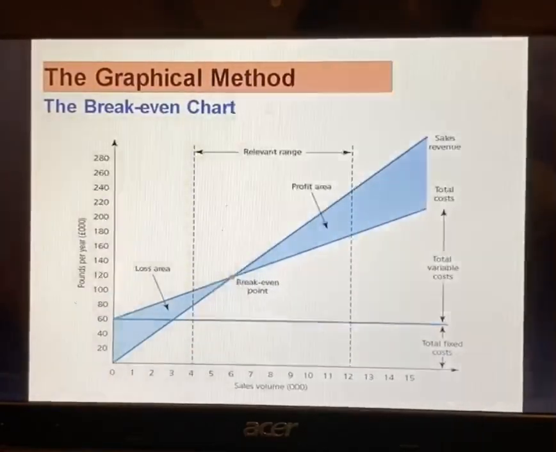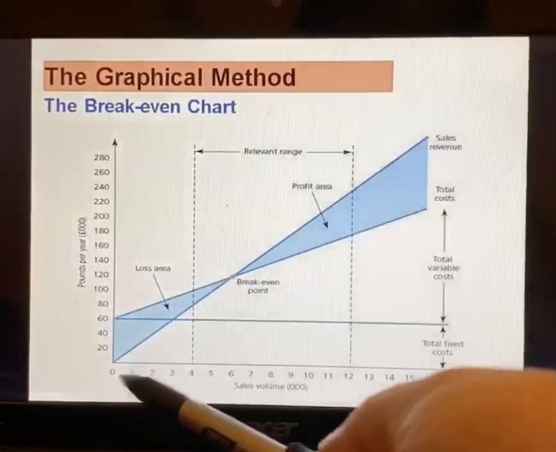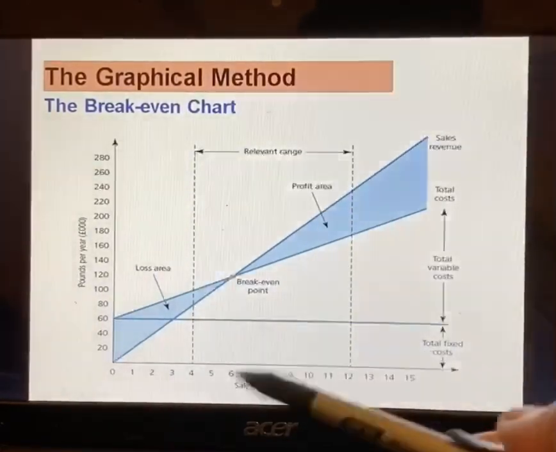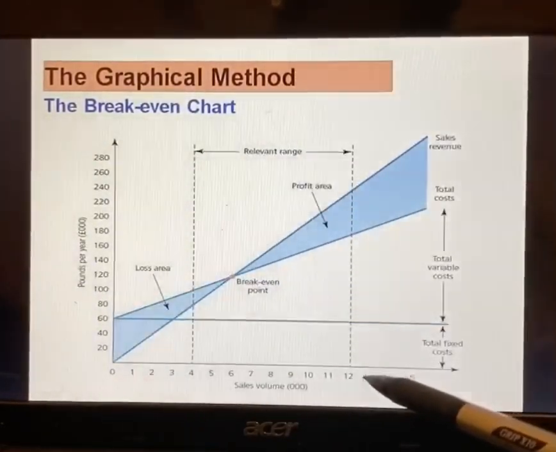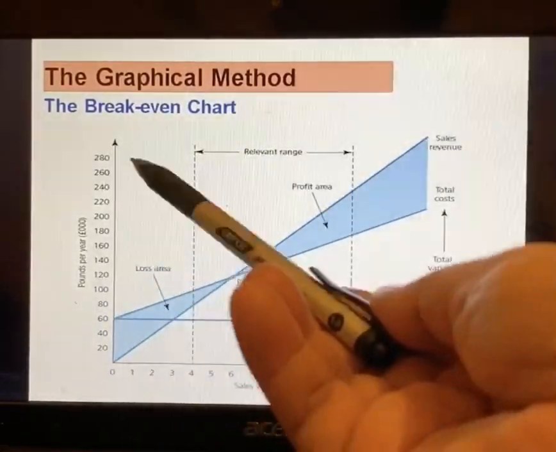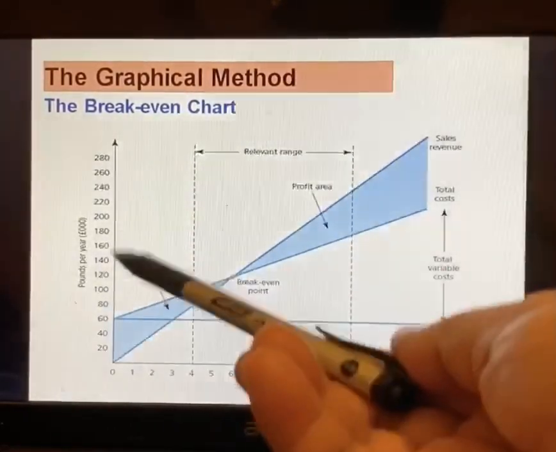So let's see the break-even chart. If you look at this graph, it is customary to use the horizontal axis for the unit output, and then the vertical axis for the values like sales revenue and total cost.